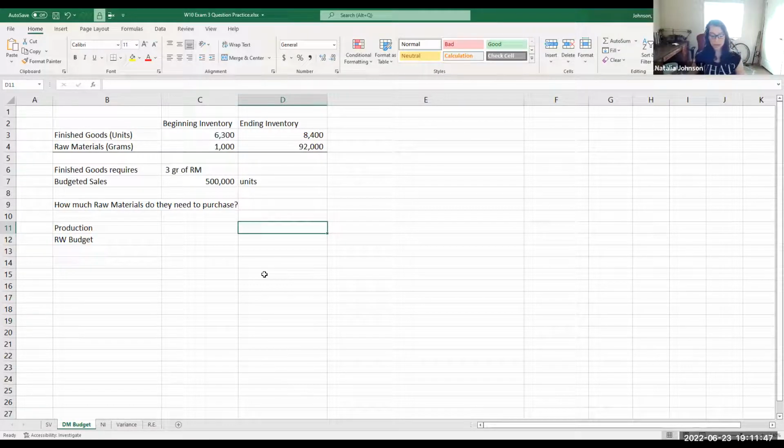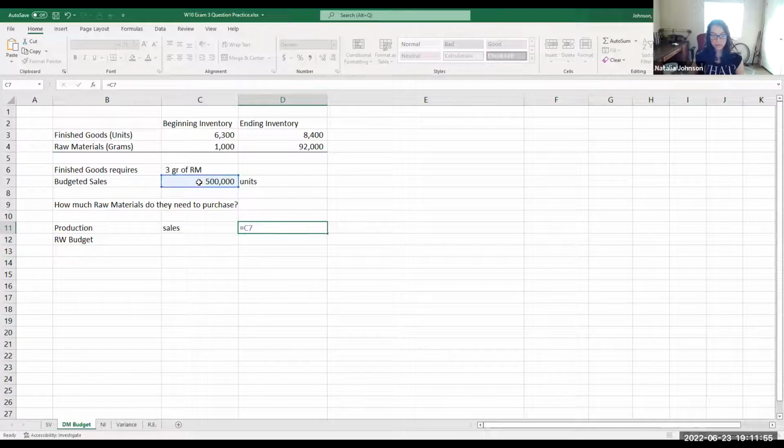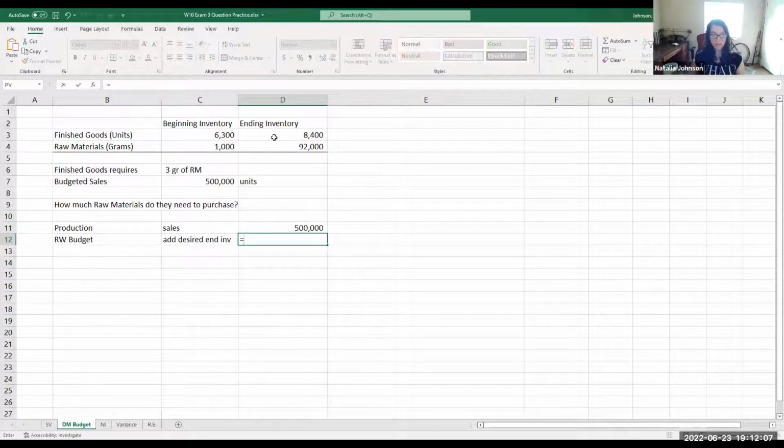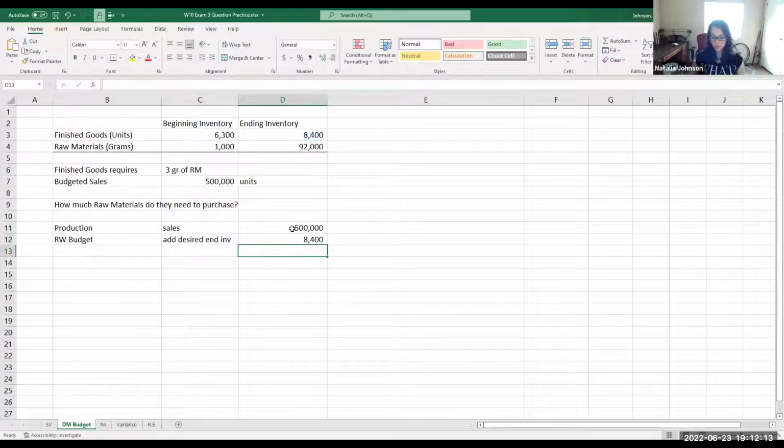So we have first the sales, which is 500,000 units. And then we're going to add the desired ending inventory. They gave it to us: ending inventory in finished goods and units is 8,400. So we add those together.